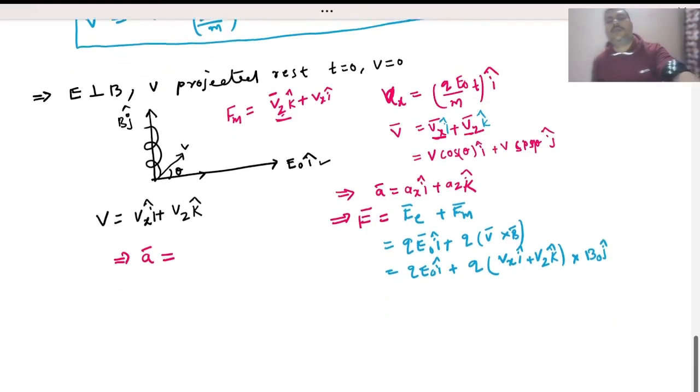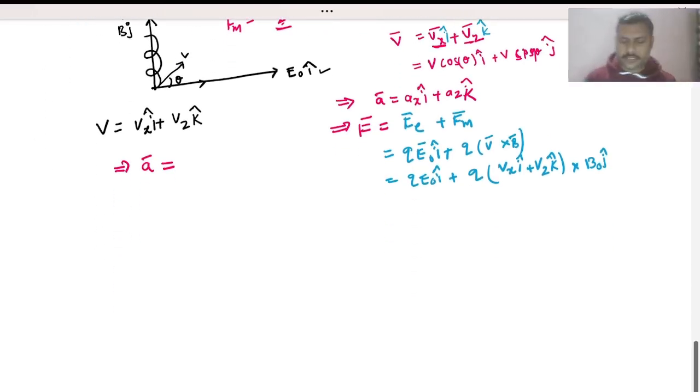So now finally, the force ma equals qE naught i cap plus q into, so i cross j is k cap, so q vx B naught k cap, plus q vz B naught into k cross j which is i cap.